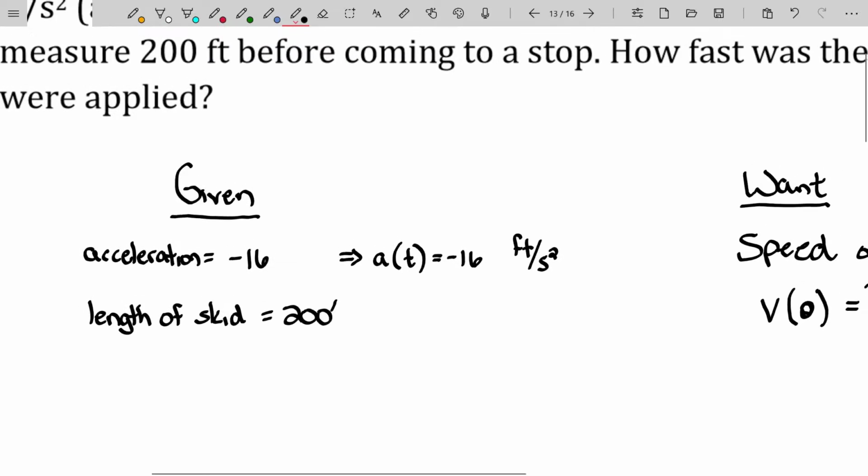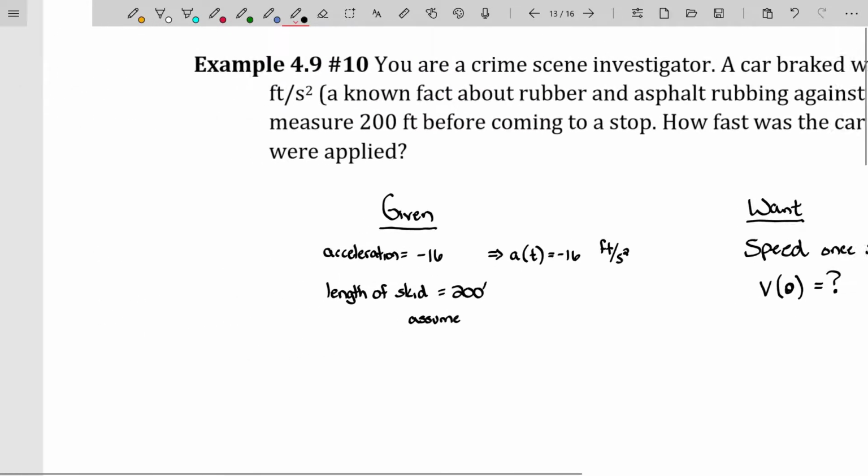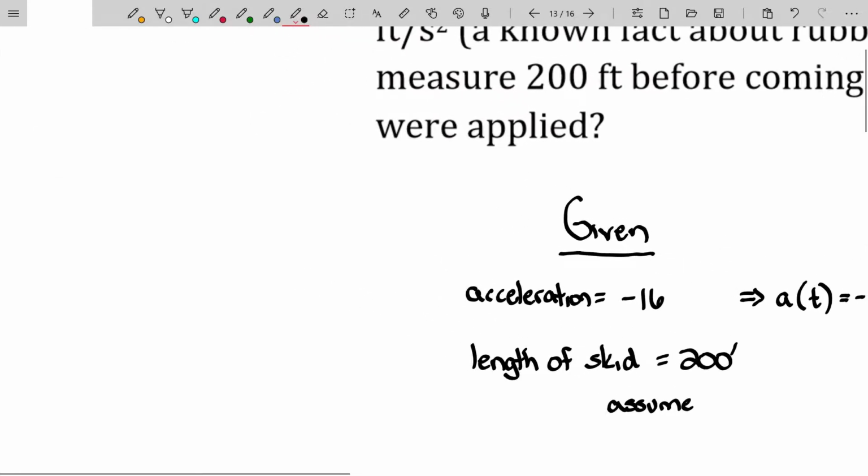The length of the skid, well, that's a distance, right? So if we assume that the position, and just to let you know, if you have not been my student for this entire semester, or if you haven't seen any of the speed, acceleration, and velocity problems I've done, and it's been a while, the 3 functions you need to be very aware of are position. s of t is equal to position.